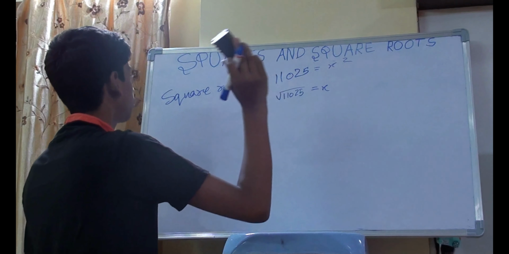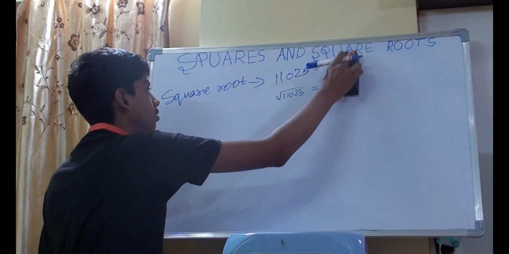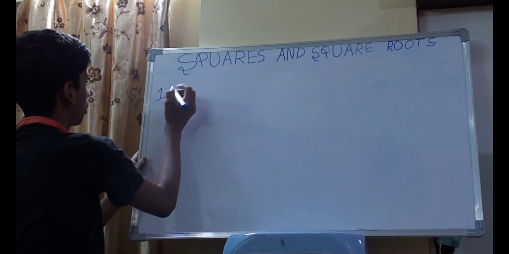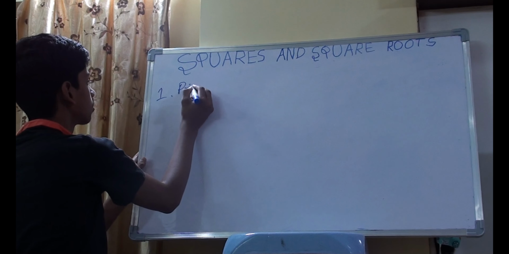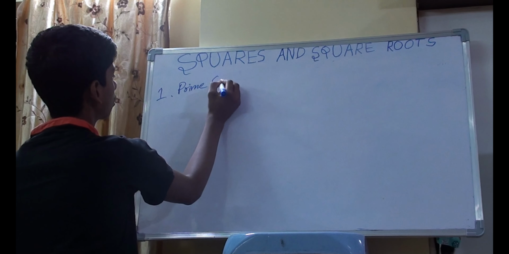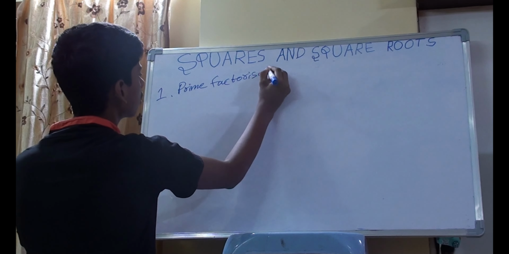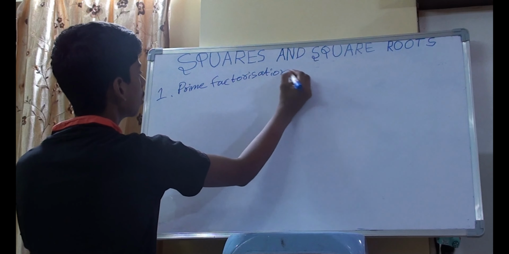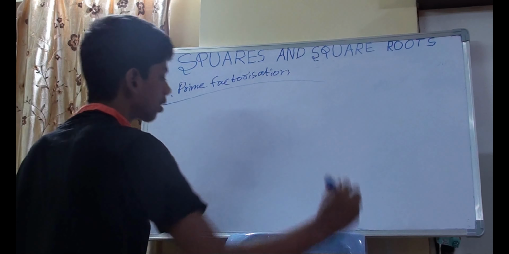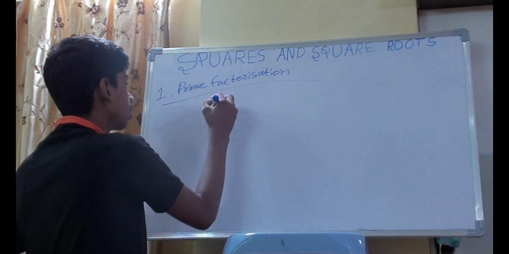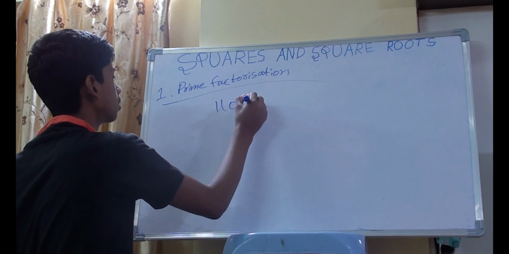We have two methods of finding the value. Method 1, prime factorization. Suppose let's take the same number 11025.